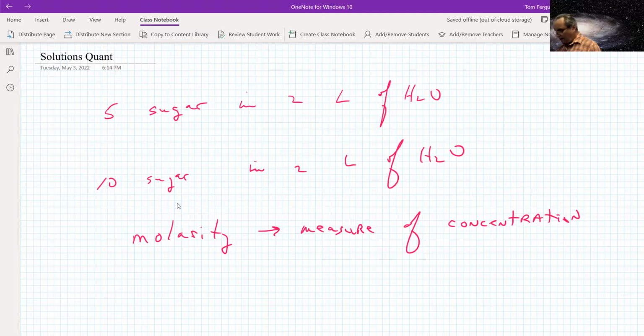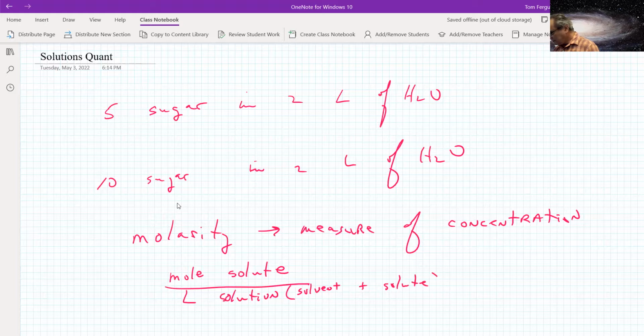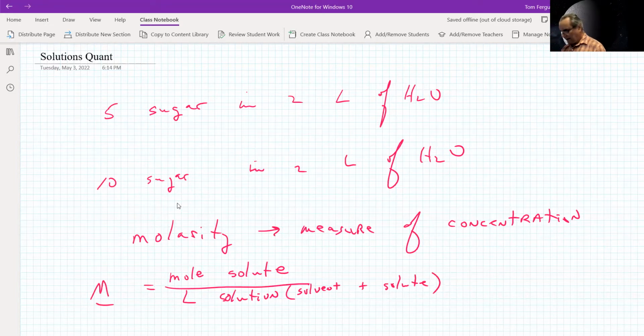The units of molarity are moles per liter, that's an uppercase M. I put a line in there because normally it's italicized.